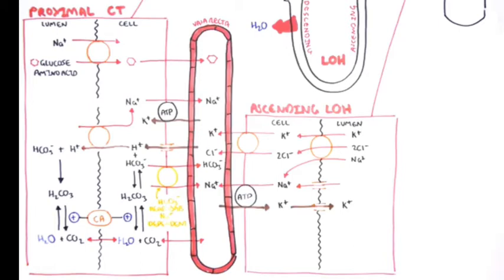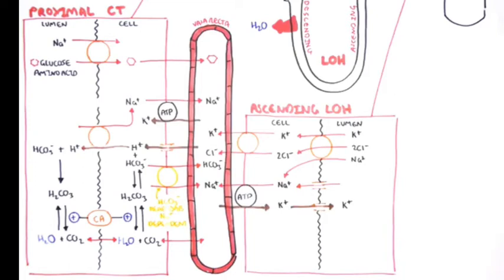So the bicarbonate ion will be reabsorbed into the vasa recta together with sodium ion. So here at the proximal convoluted tubule, the movement of the bicarbonate ion is dependent on the sodium ion.